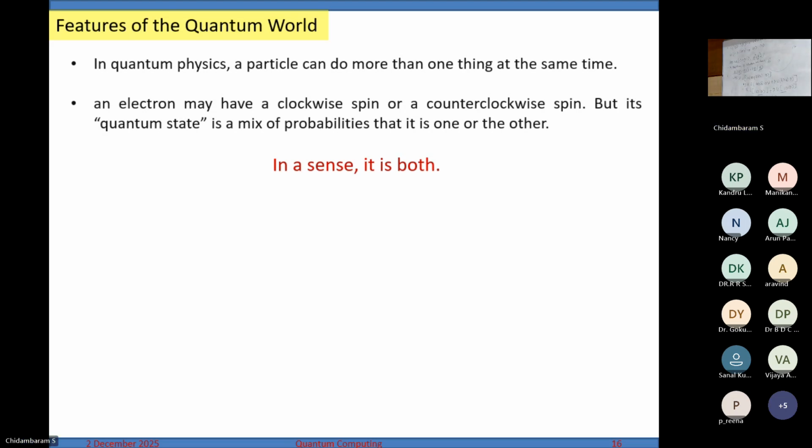So what am I supposed to get and what am I getting? This is what the no-cloning theorem says. We could have got this, but we got this.